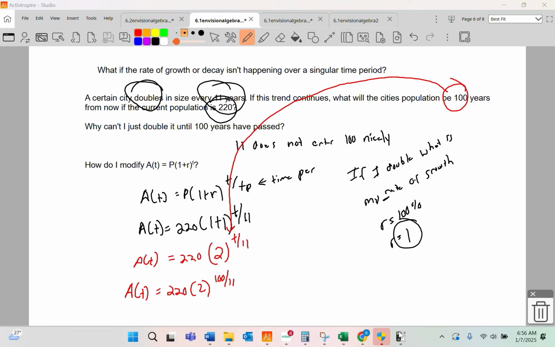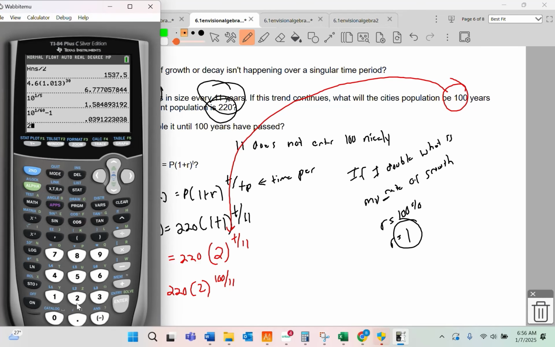And I'll have it. And it's going to be quite large. 220, 2 in parentheses, and the exponent's 100 divided by 11. So 119,967. The reason I'm rounding like that is because there's no such thing as 2/10 of a person.